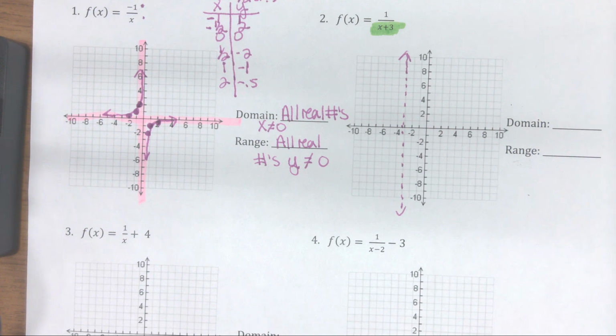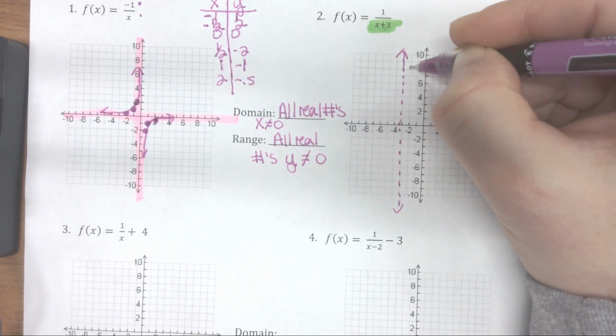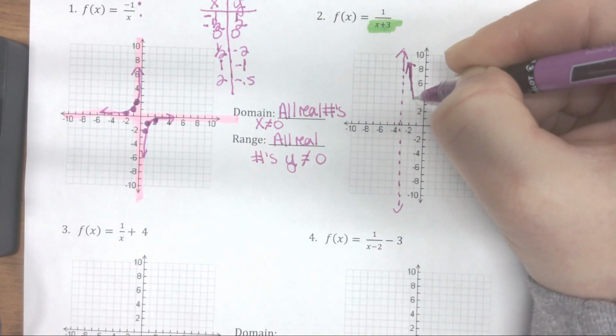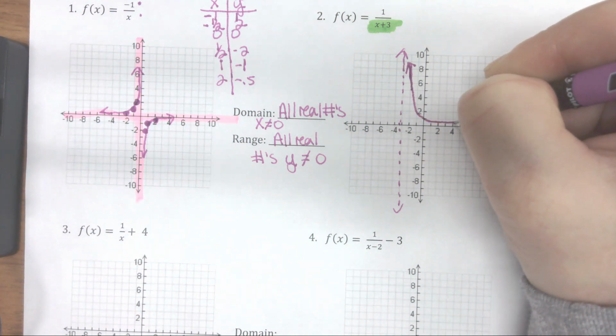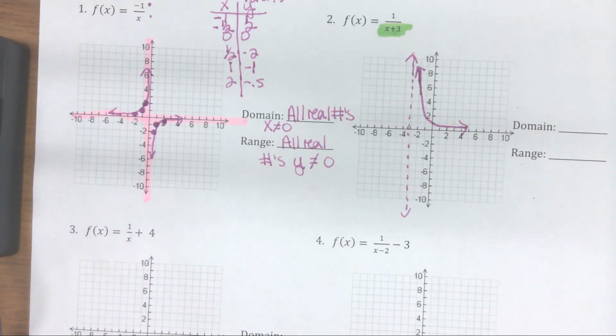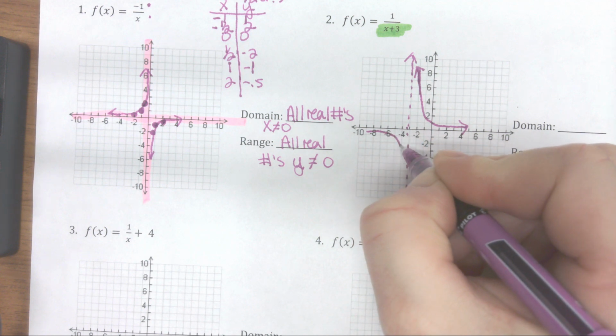Okay, we're going to just draw our curve then. It's just a sketch, guys, and we're going to make it approach that asymptote and then approach still the y-axis on that side. And then we're going to do the same thing on this side.